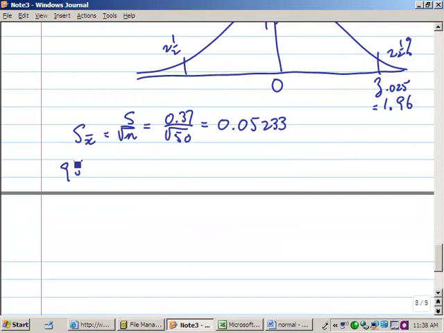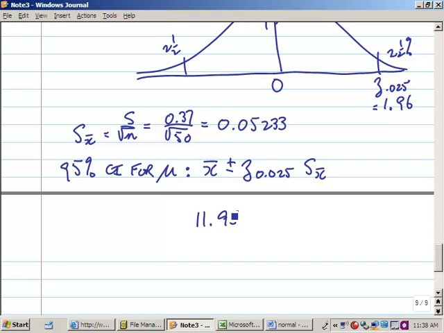Okay, so our 95% confidence interval for mu is equal to x bar plus or minus z with 0.025 in one tail times S of x bar. That's the sample average of 11.95 plus or minus 1.96 standard deviations either way, 1.96 times 0.05233. Alright, so let's calculate that.